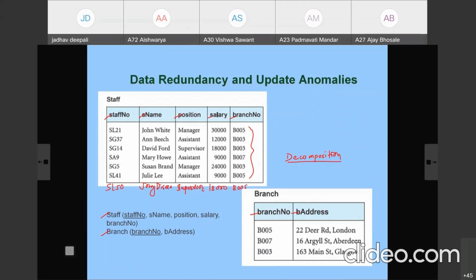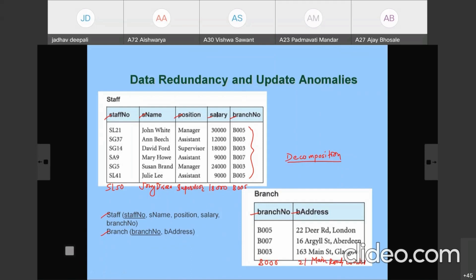Suppose a new branch is added, that is B006 with 21 Main Road, London. Then here also we can easily add. It is not necessary that staff should be allocated there. We can directly add the branch and then allocate staff to that particular branch. So in this way, insertion anomaly is not there.